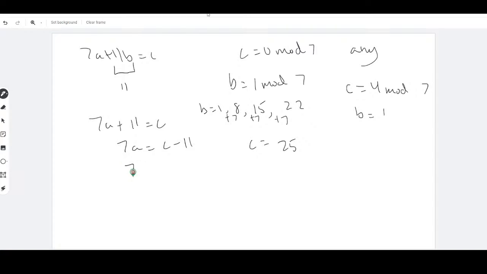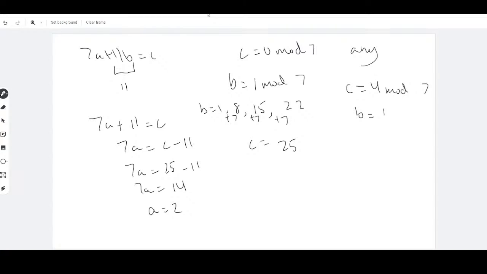If c was equal to 25, we'd have 7a is equal to 25 minus 11, so 7a is equal to 14. And 14 is a multiple of 7, so we can just find an a so that 7 times a is equal to 14. In this case, a is equal to 2.